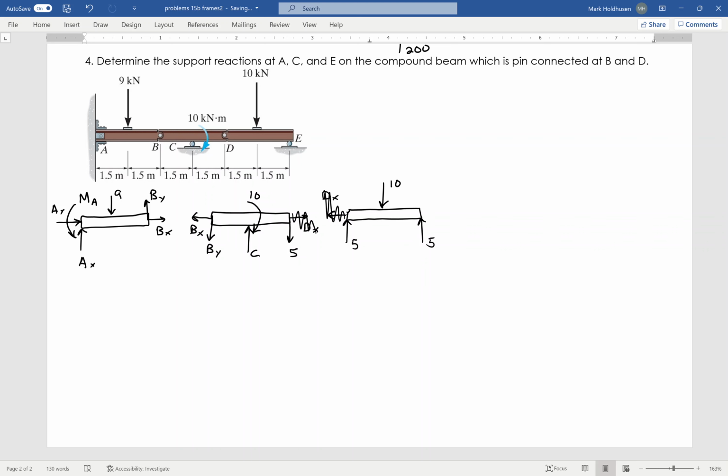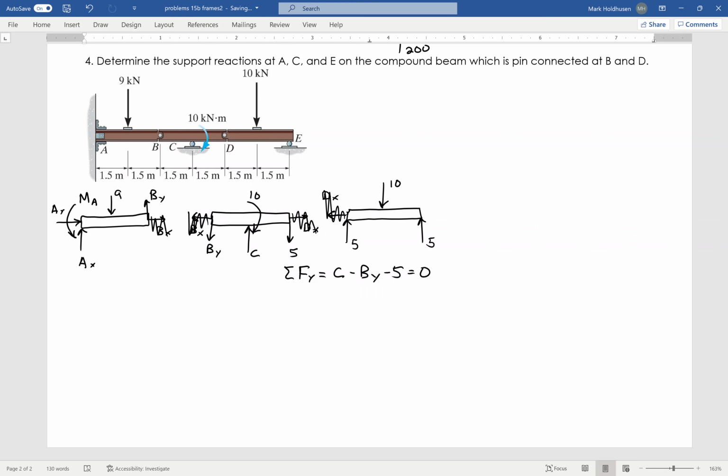So I've got that. Now, I should also recognize that BX is going to go to 0. If I sum the forces in the x direction on this member, there are no forces in the x direction, which means this BX goes to 0. Now, this one's not going to be quite as straightforward, so I'm going to go ahead and write some equations here. If I sum the forces in the y direction, I've got C minus BY minus 5 equals 0.